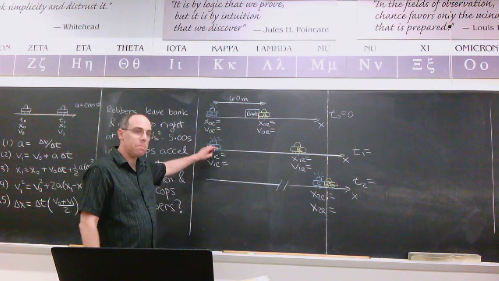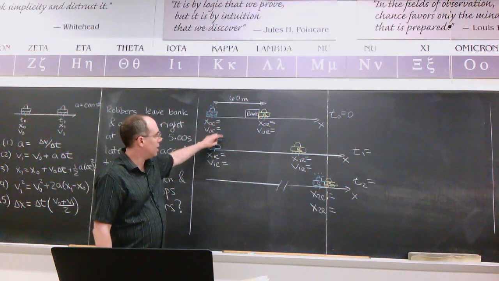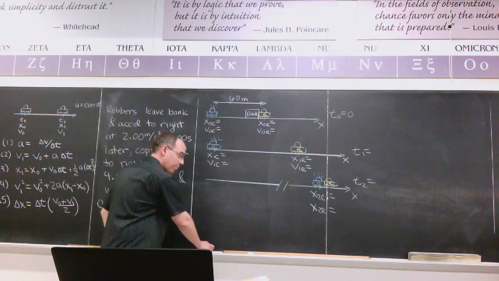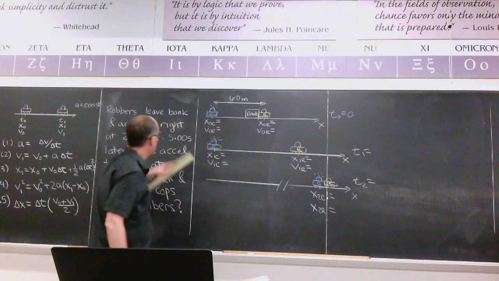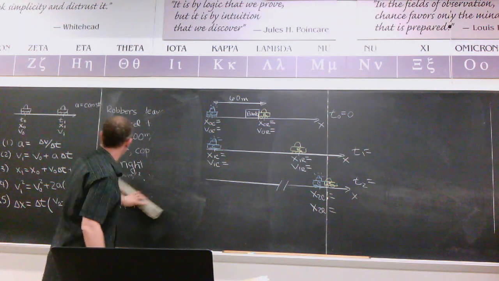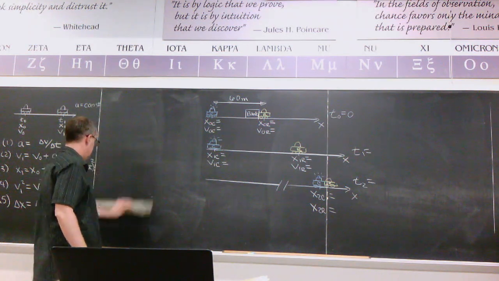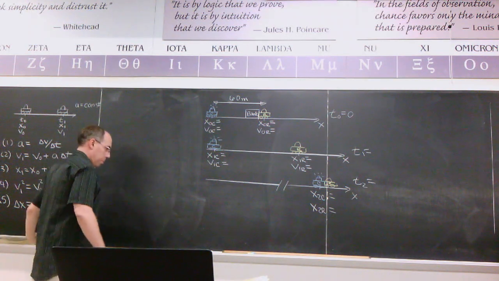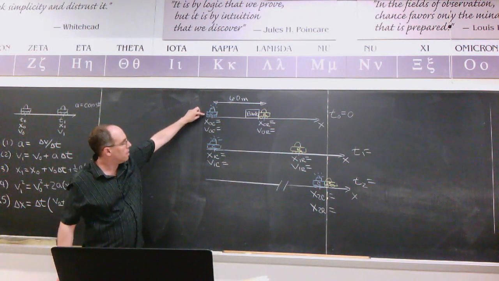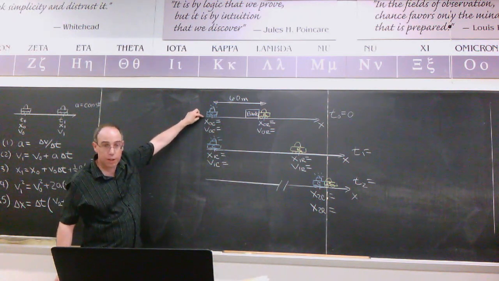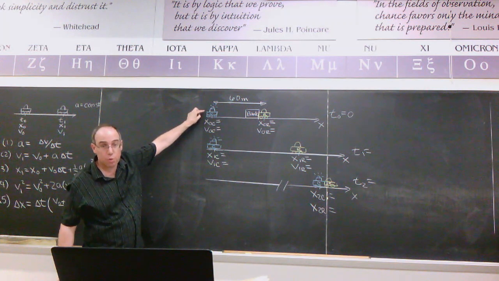Now, finally, we need to indicate accelerations. Okay? And I'll make myself some room here by erasing the question. All right. Now, there's two accelerations here, right? One for the cops, one for the robbers.